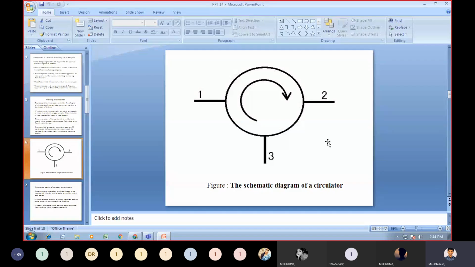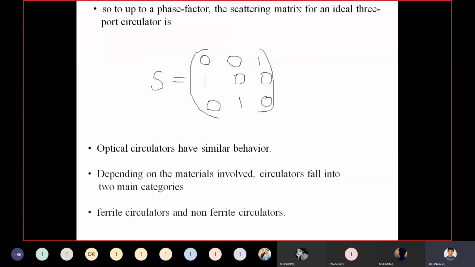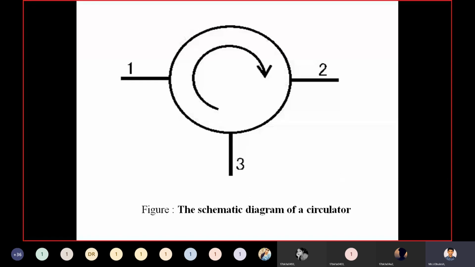You need to remember, if you are applying the input signal through port 1, the output comes out from port 2 only. If you apply the input signal through port 2, the output comes out from port 3. If you apply the input signal through port 3, the output comes out from port 1.